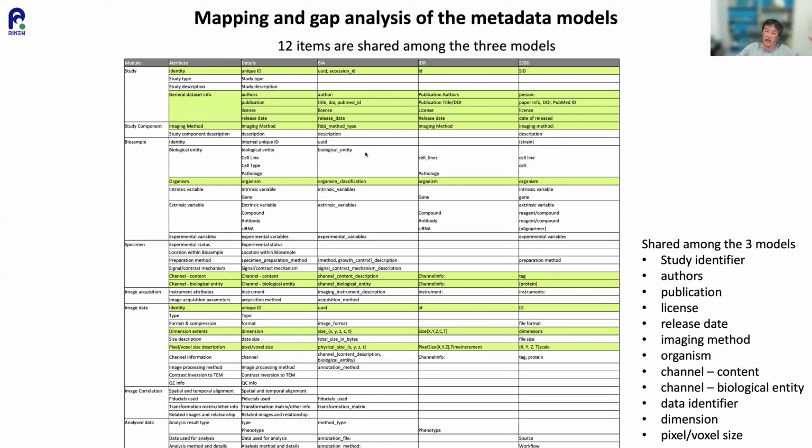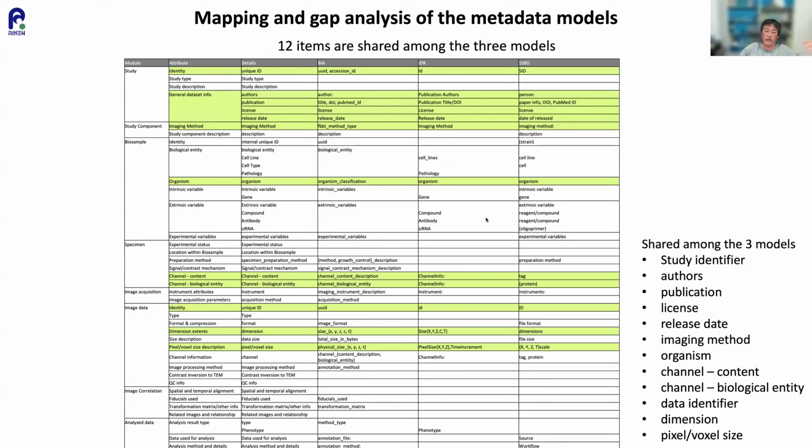This is a kind of problem in our image data sharing field, but this is the reality. We have shared, likely essential components, but there are many components that vary depending on the purpose of the repository.